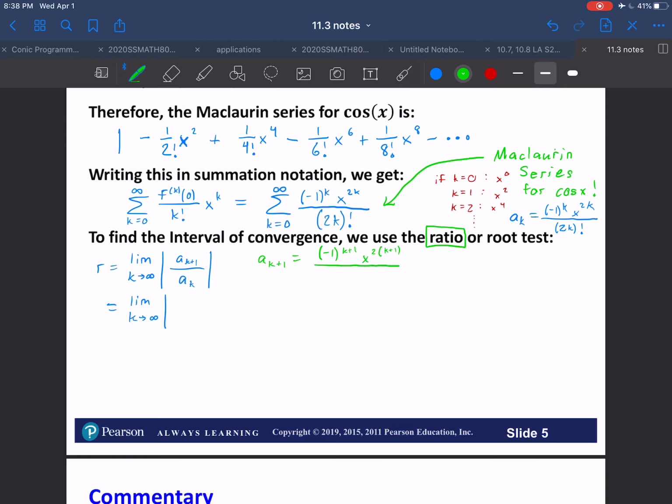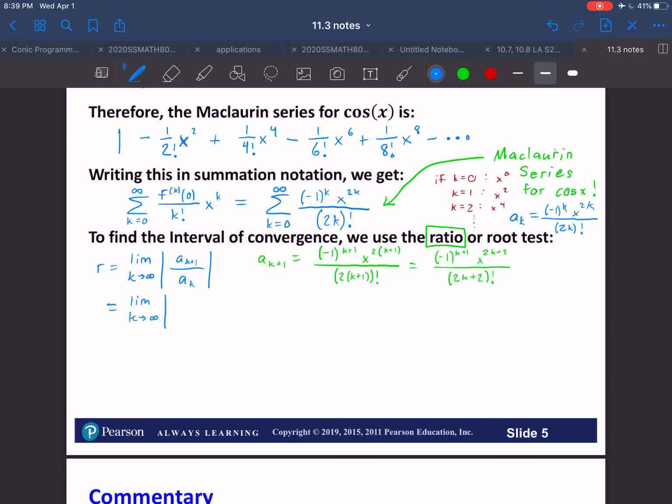And whenever we have 2k factorial on bottom, we will replace that with 2 times k plus 1 factorial. That k plus 1 is still in parentheses. We can rewrite all of this as negative 1 to the k plus 1 times x to the 2k plus 2 divided by 2k plus 2 factorial.